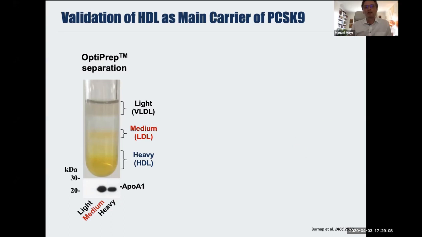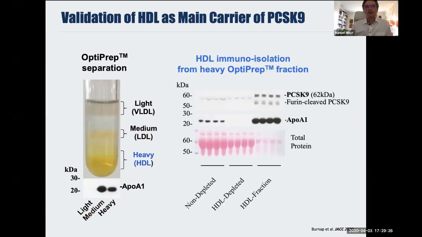And if you look for the content of ApoA1 as a surrogate marker for the presence of HDL, then of course you find ApoA1 in the heavy fraction, but you also find ApoA1 in the medium fraction, suggesting that this LDL containing fraction is contaminated by HDL particles. So to verify our findings, we now use the ApoB depleted fraction, the heavy fraction after density centrifugation.